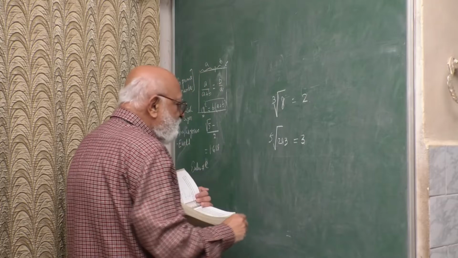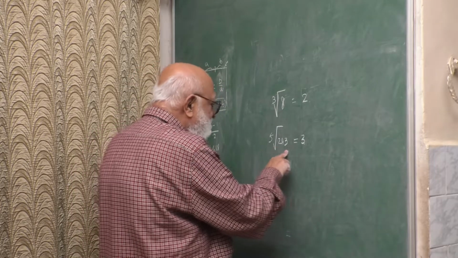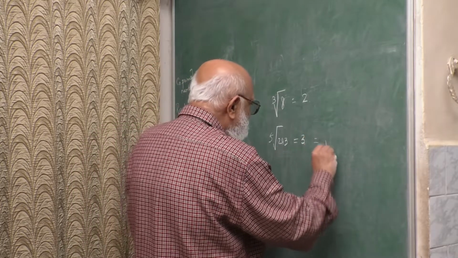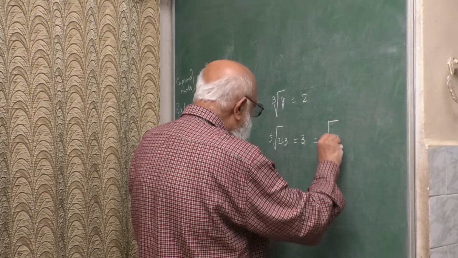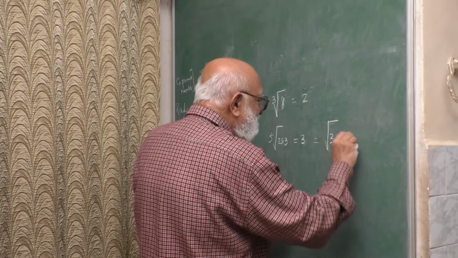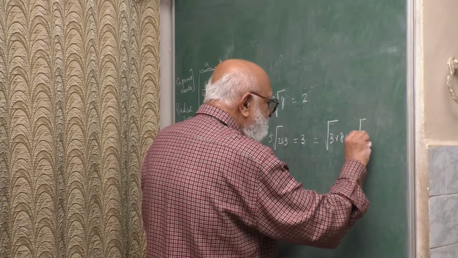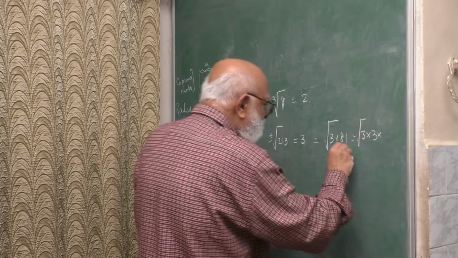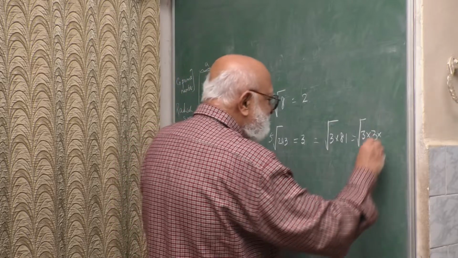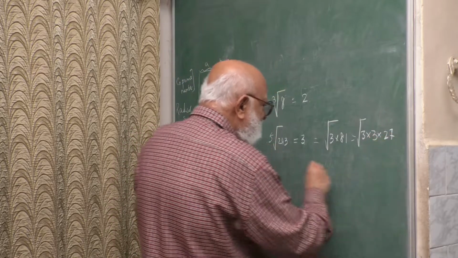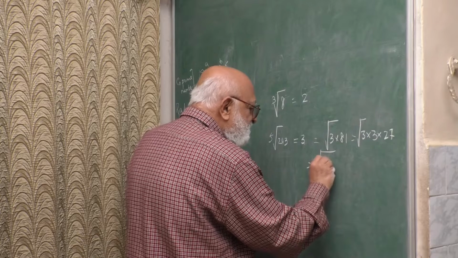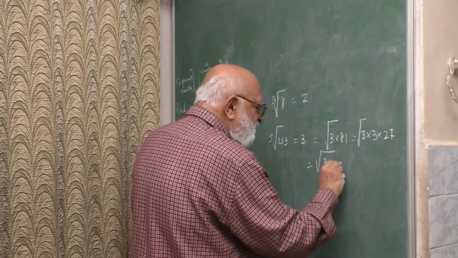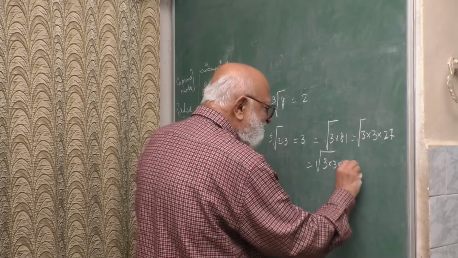Why? Because you can do it easily by multiplying. See this one? It should be 3 into 81. That would be 3 into 3 into 27. Again, that is 3 into 3 into 3 into 9.